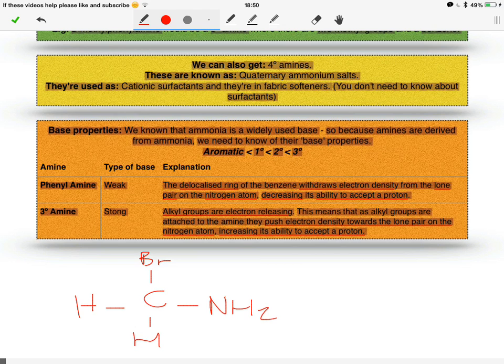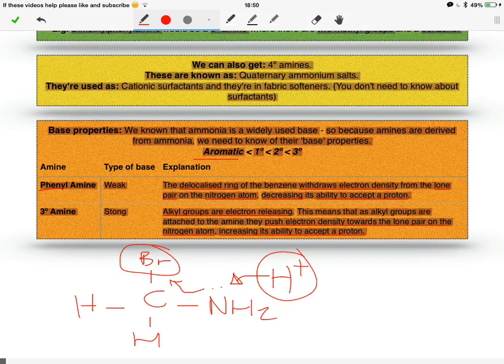The reason for this is the halogen here is electron withdrawing, just like the aromatic, the phenyl. So then this has the exact same effect where electron density from the lone pair here would be withdrawn to there, therefore reducing the ability for this lovely hydrogen to be attracted to this because it's not as negative.